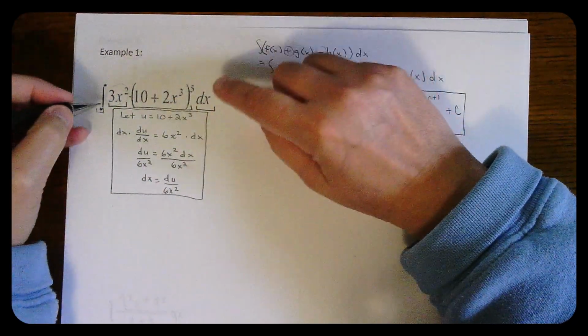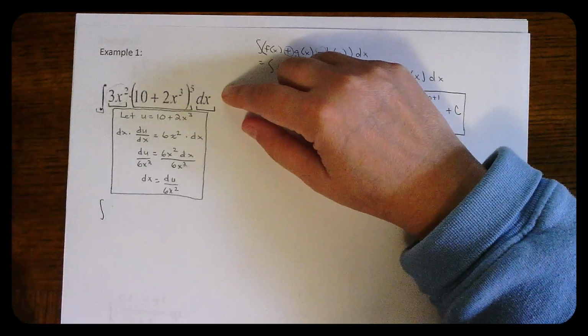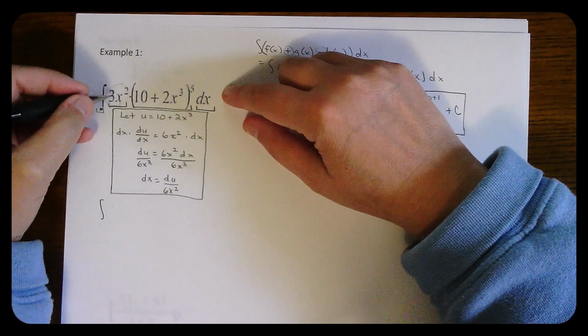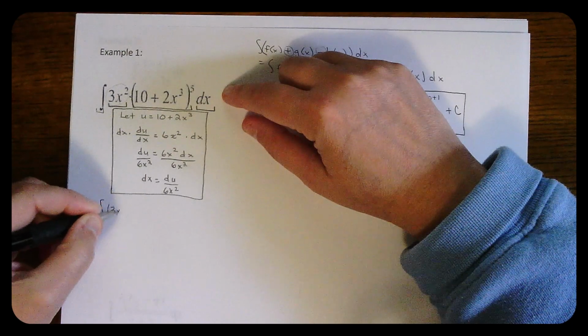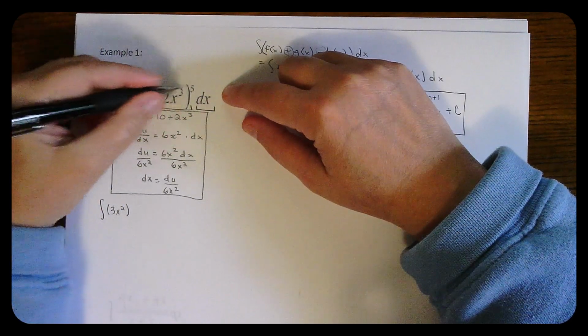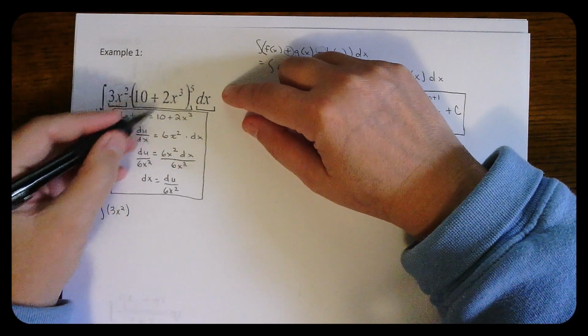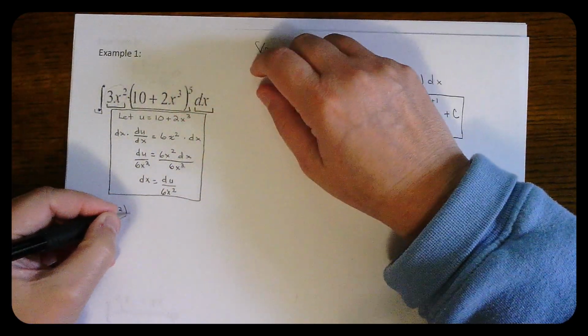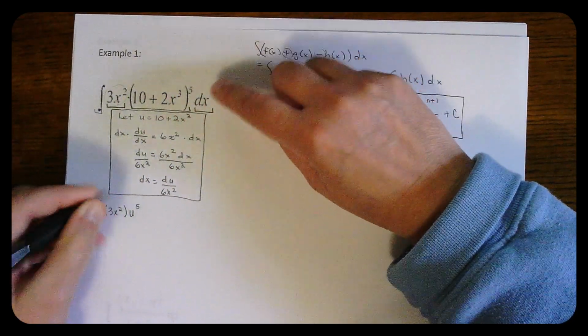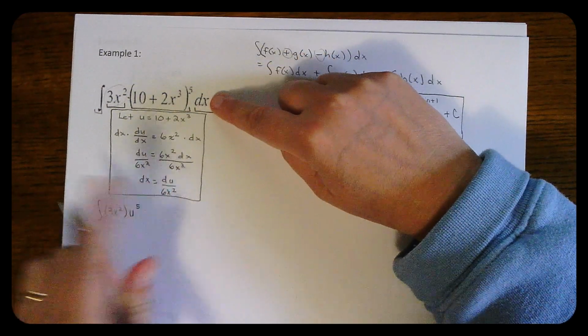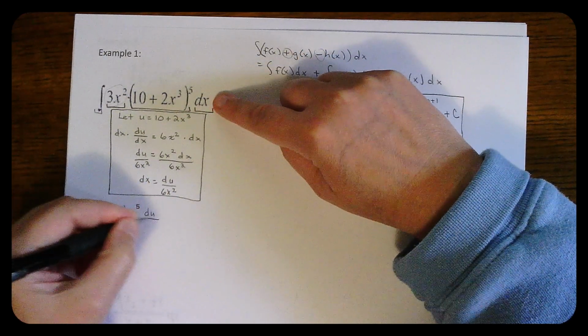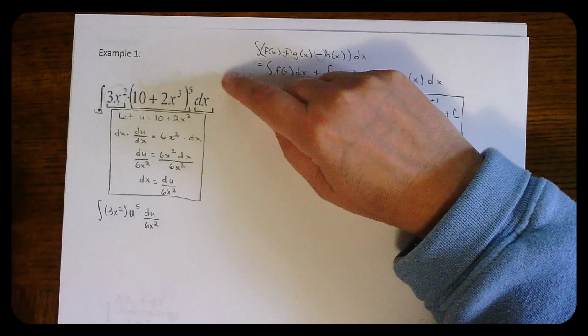So you're always going to rewrite the integral because we haven't taken the antiderivative yet. And you're going to rewrite the 3x squared. But then right here, remember we let this be u, so we're going to change that to u to the 5th. And then dx, remember how we solved for dx? That's du over 6x squared.